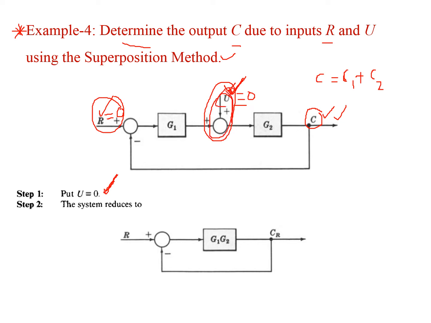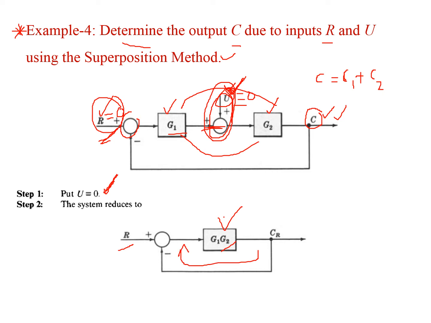That is, U(s) = 0 means this summing point is eliminated. R(s) is connected to the summing point and has the gain G1, and similarly gain G2. These two gains are connected in series. So these two gains can be replaced by a single block, which is the product of those two gains, G1 into G2. Now this is simply a negative feedback loop.